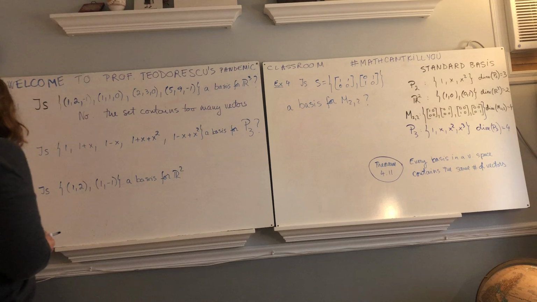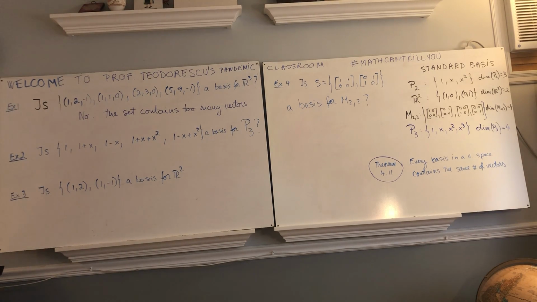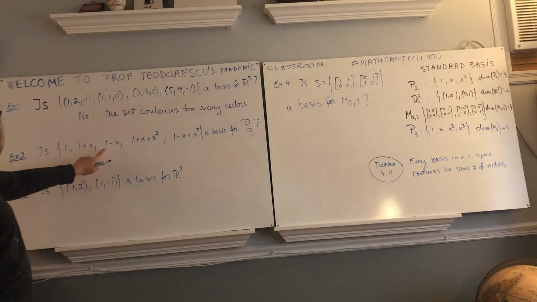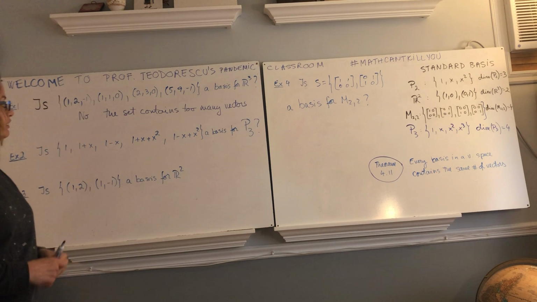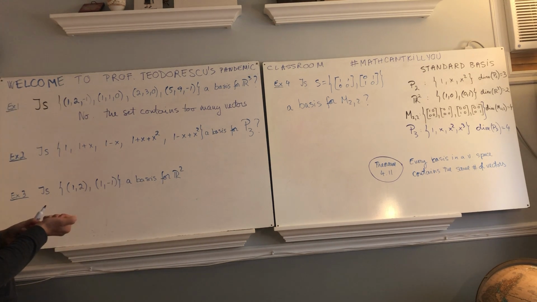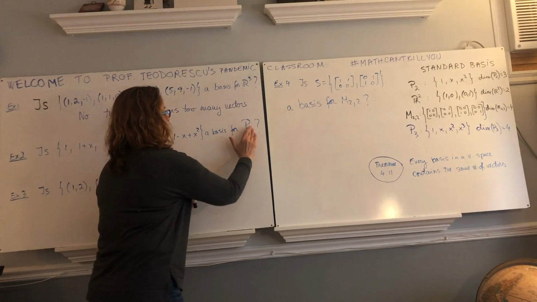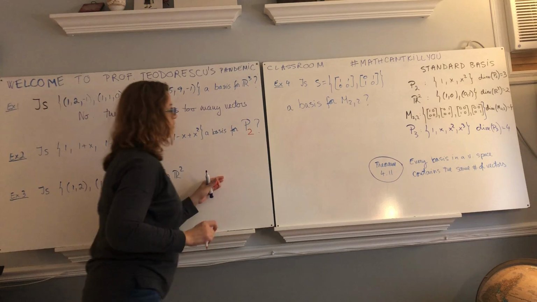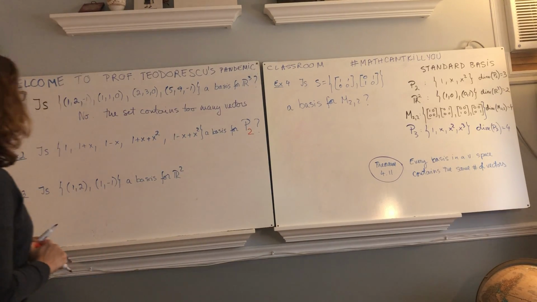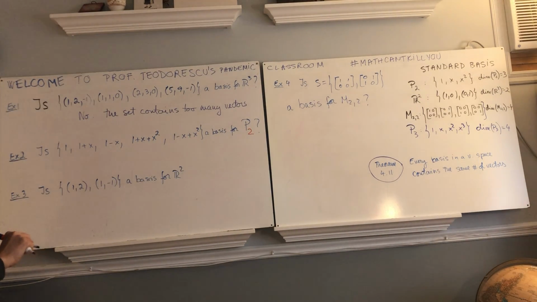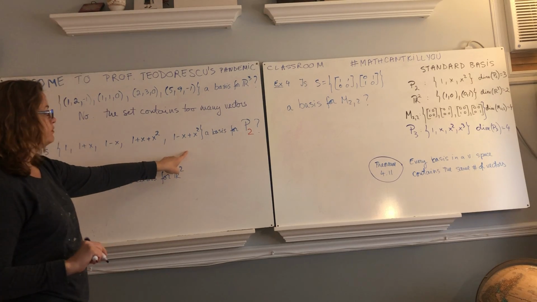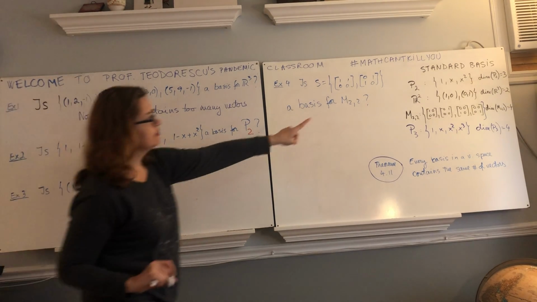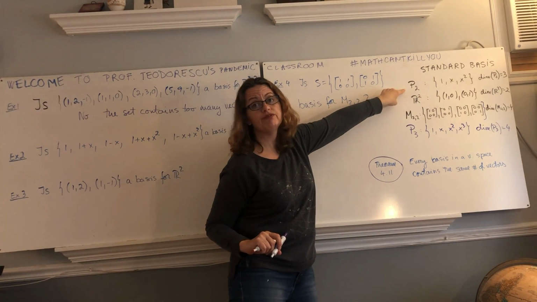Similarly, is this set made of 1 plus x, 1 minus x, and these 2 other vectors a basis for P3? I'm sorry, the question I wanted to ask is, is this a basis for P2? They're all polynomials of degree 2 or less, right? But a standard basis for P2 contains 3 vectors.